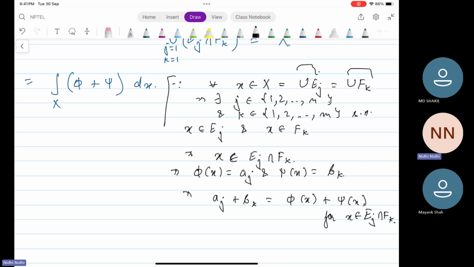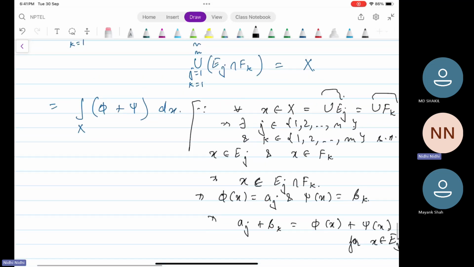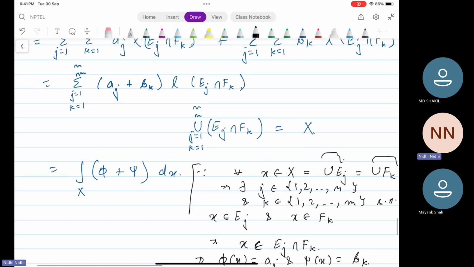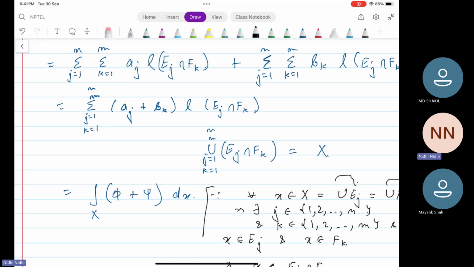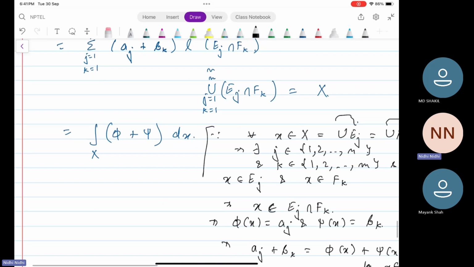Also, any x in X will eventually belong to some Ej intersection Fk. So therefore, phi plus xi will also be a step function. That's what we are showing, and its integral will be the same as the sum of integrals of phi and xi.